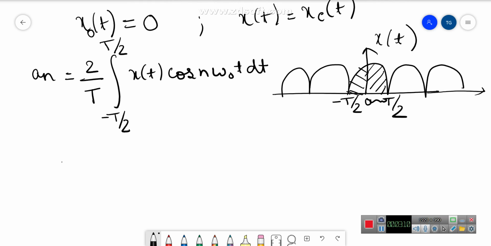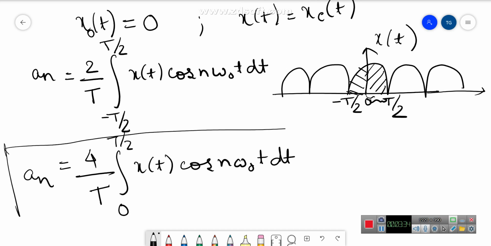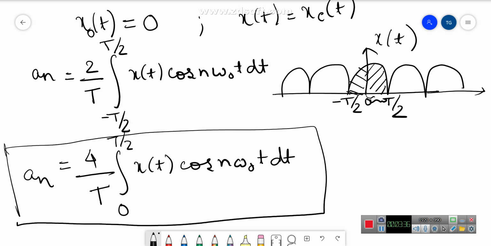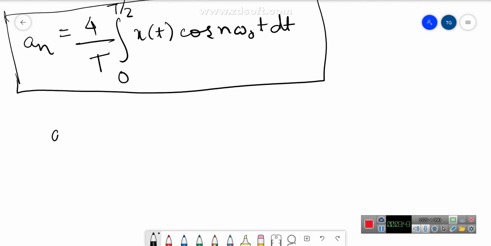So we can write this as 2 times the integral from the limit 0 to T by 2. So 2 into 2 becomes 4 here: 4 by T, integral 0 to T by 2, x of t cos n omega naught t dt. This is our Fourier coefficient an. We have evaluated it like this. Now we can find our Fourier coefficient a naught.